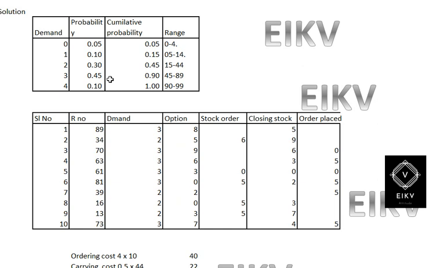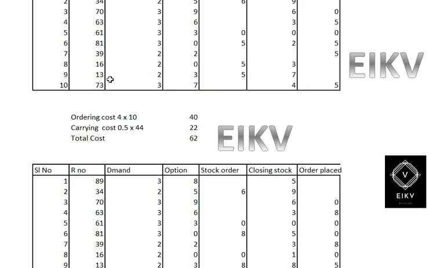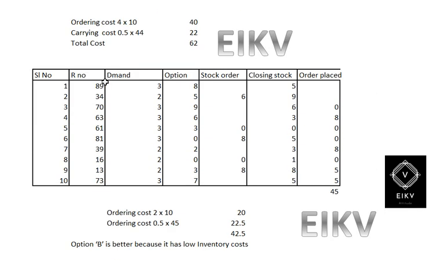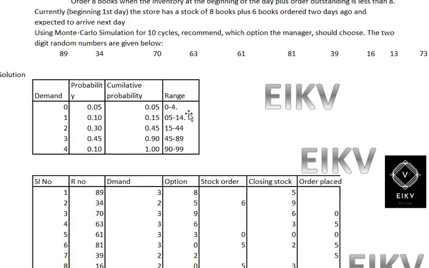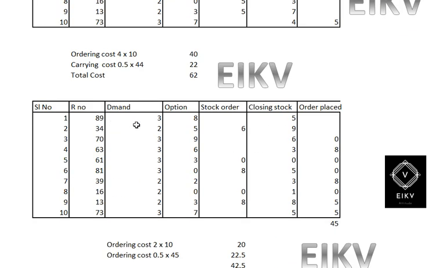So 3 will be the demand. The same way when we check the next one, 34 is the random number. When we check here, the range is between 15 to 44. So 2 is the demand. In the same way, you need to do all the 10 random numbers and you need to select the demand from the range.